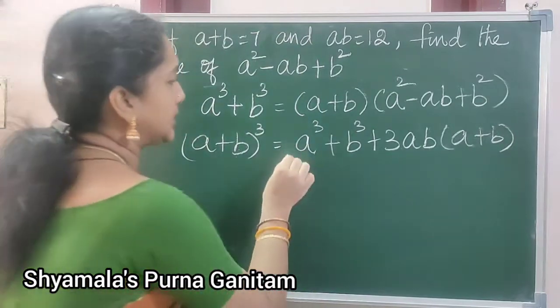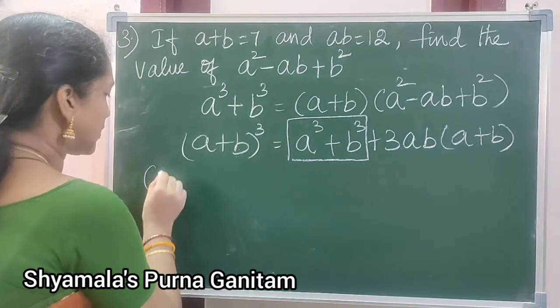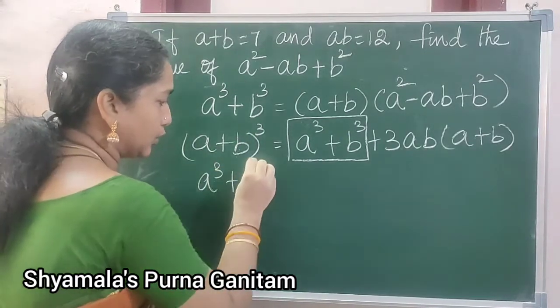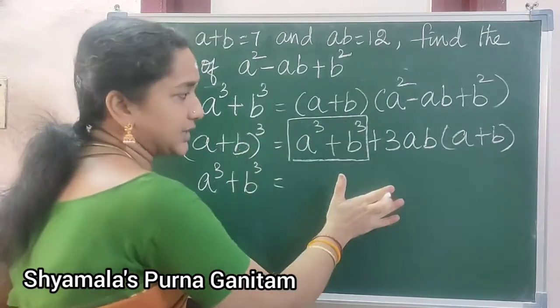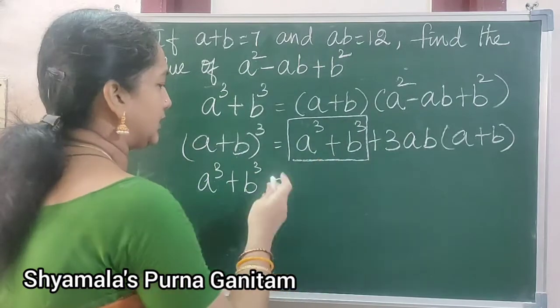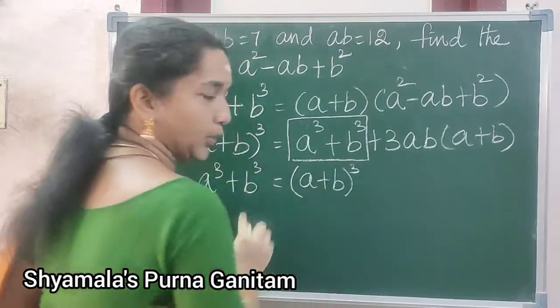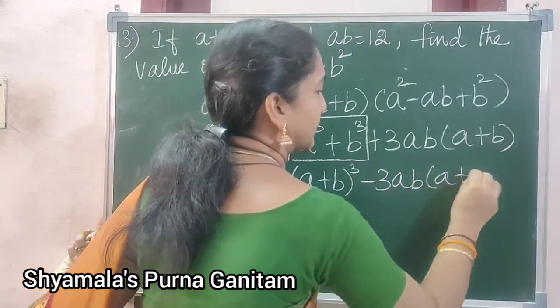If you take this a cube plus b cube, all the remaining things you can bring to the other side. So you will get a cube plus b cube is equal to a plus b the whole cube minus 3ab into a plus b.